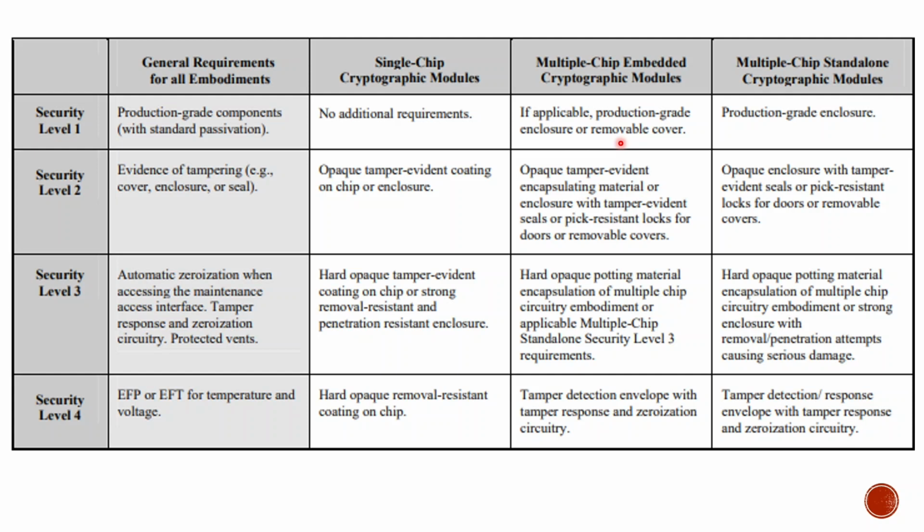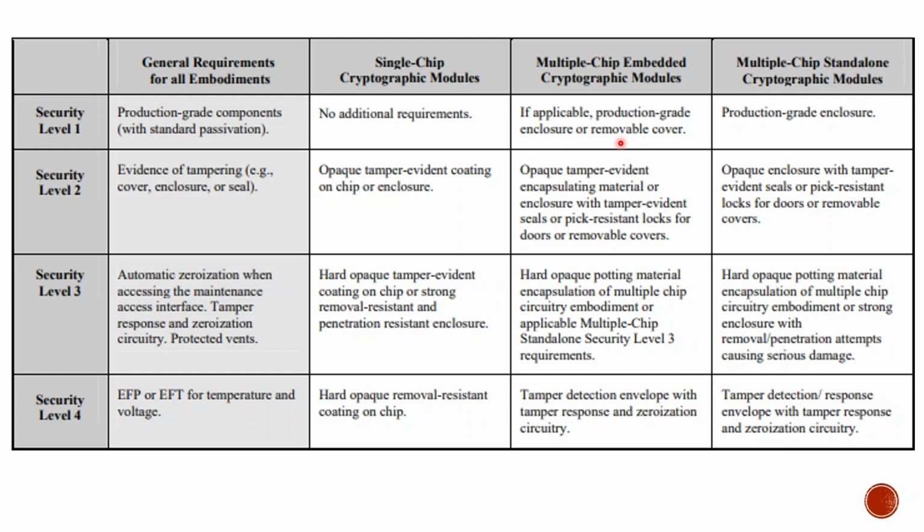In level 4, the strongest physical security measures are mandated. The module components must be covered with potting material or housed within the enclosures, tamper evident envelopes, etc. The envelope can be a flexible circuit, or it can have a special pattern of conductors and a non-flexible brittle circuit designed to detect tampering attempts.